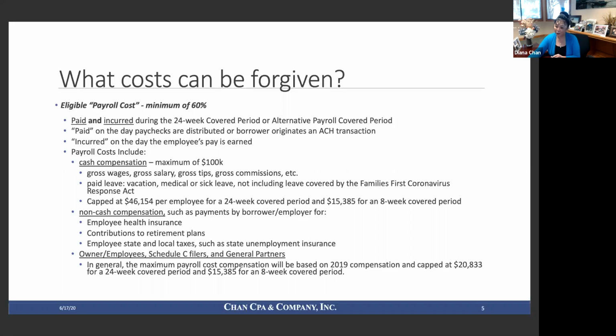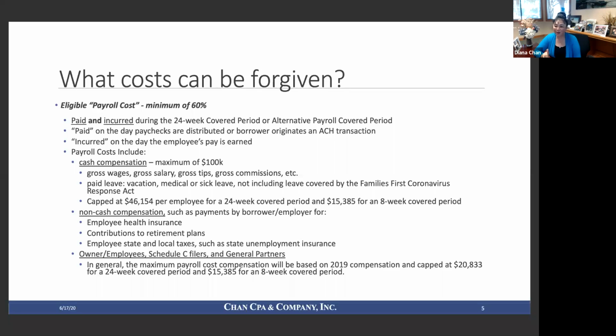Additionally, besides cash compensation for payroll costs, there's also what we call non-cash compensation. That's going to include employee health insurance, contributions to retirement plans, and also the employee state and local taxes. So that's really critical for the 60% minimum amount.